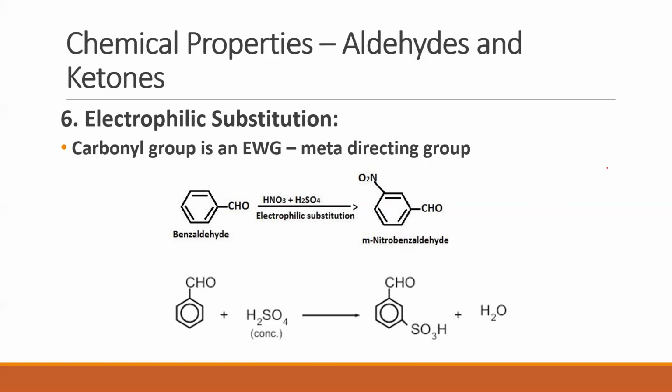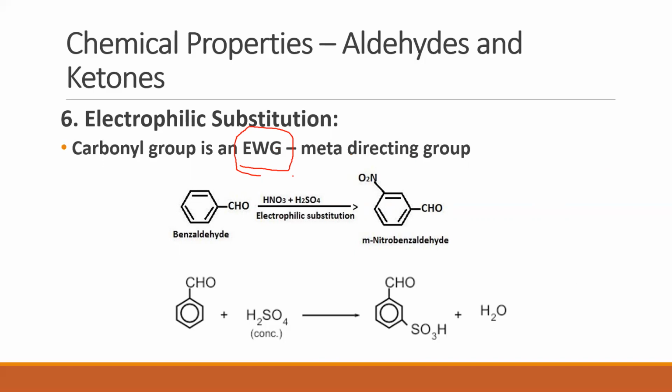Let's understand what's happening in the case of carbonyl compound. A carbonyl group is an electron withdrawing group. Very, very, very important. A carbonyl group is an electron withdrawing group. Because it is an electron withdrawing group, it pulls electrons from the benzene ring.